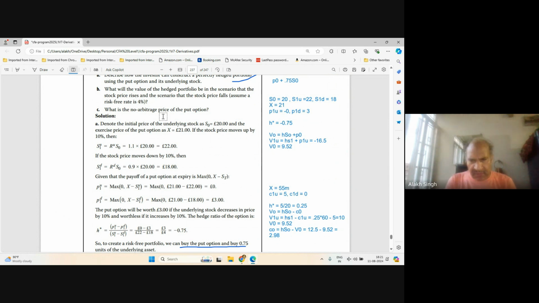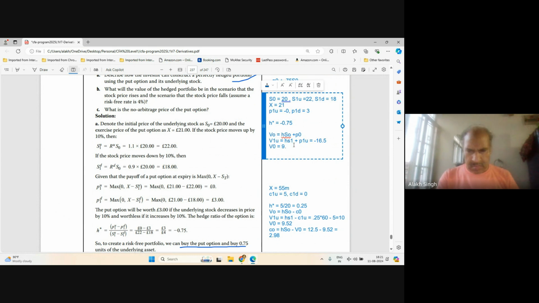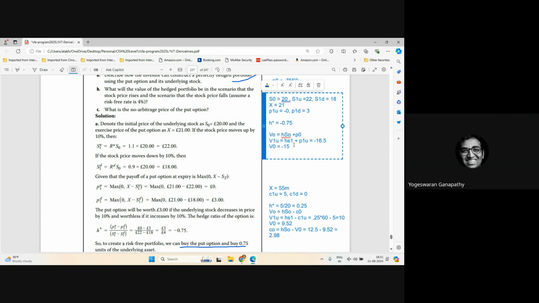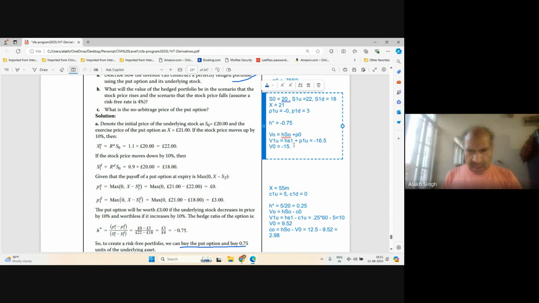So 16.5 divided by 1.04. It should be 15 point something. It's also for 6 months, right? So more than 16 years.